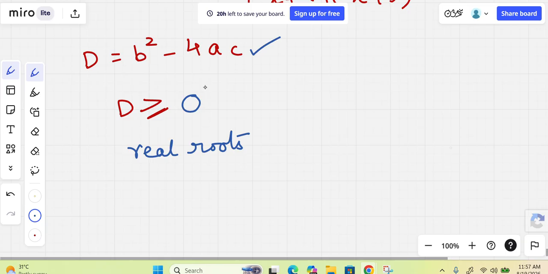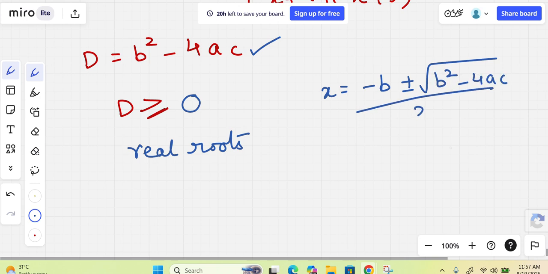And if it is equal, it will have real and equal roots. If it is less, it will not have real roots, it will have irrational numbers and all. So what is your quadratic formula? Root is equal to minus b plus or minus under root b square minus 4ac by 2a.